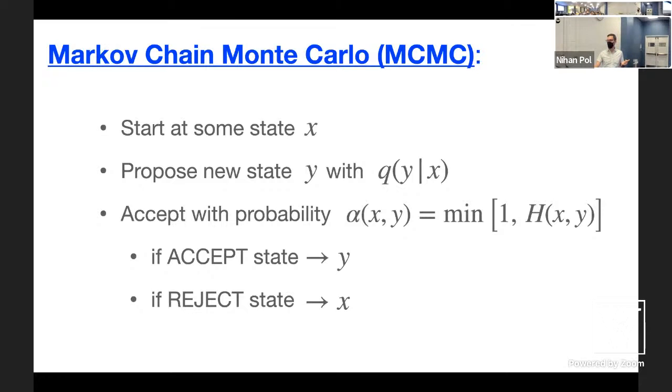If alpha is somewhere between 0 and 1, let's say it's 0.5, that means you're going to accept it with a 50-50 chance, right? So basically, if alpha comes back as 1, you adopt Y as your new state of the chain. If alpha comes back as something less than 1, you roll the dice and see if it was your lucky day, and you accept Y. And if you end up rejecting Y, then you preserve X as the state.